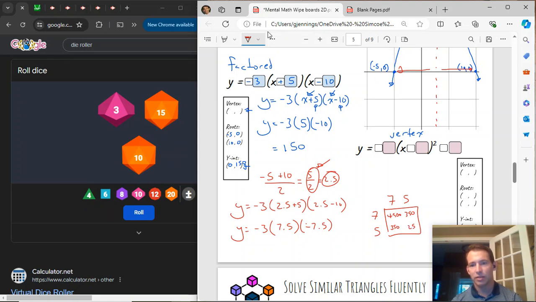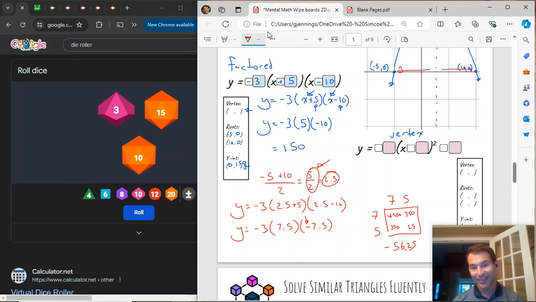So 75 squared gives us 5625, and then we just need to put the decimal place in the correct place. So it's 56.25. Then we're going to multiply that by negative 3, because one of them is negative.